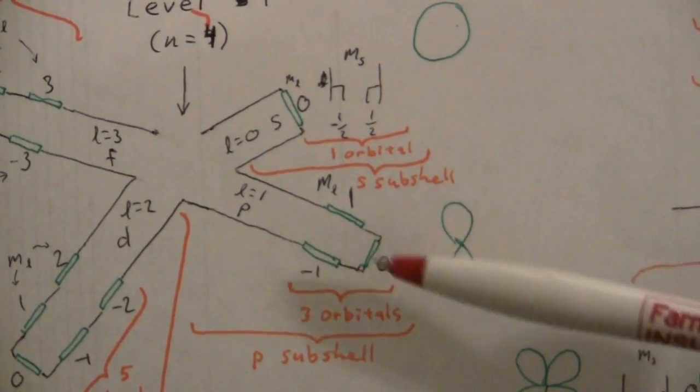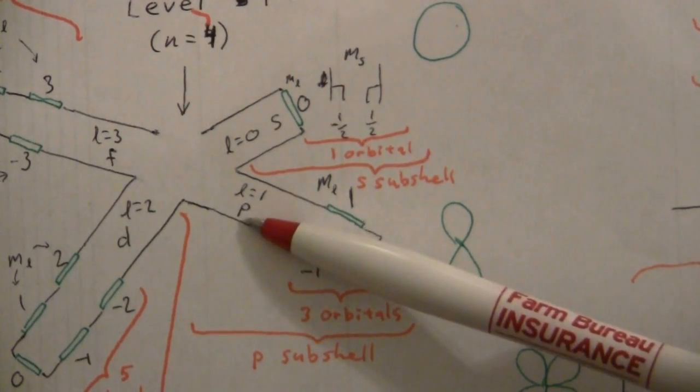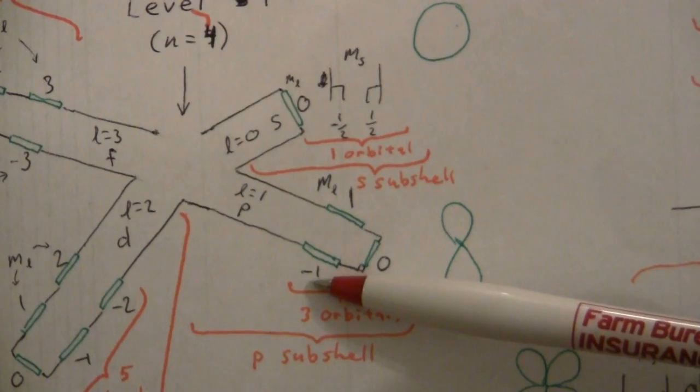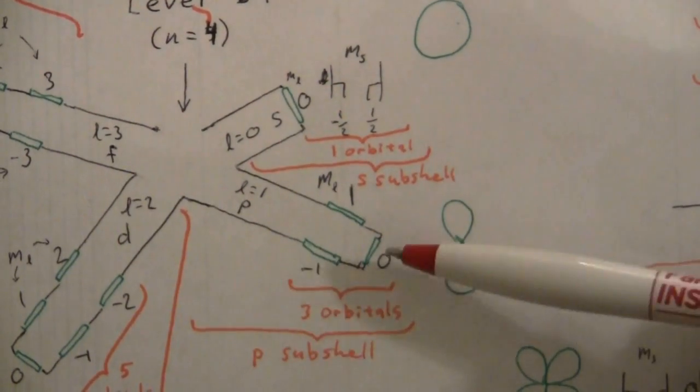All right, in our P wing, looks just like it did before. L is 1 for the P wing. M sub L can be 0, 1, or -1. Okay, we have that set of doors behind the end door.